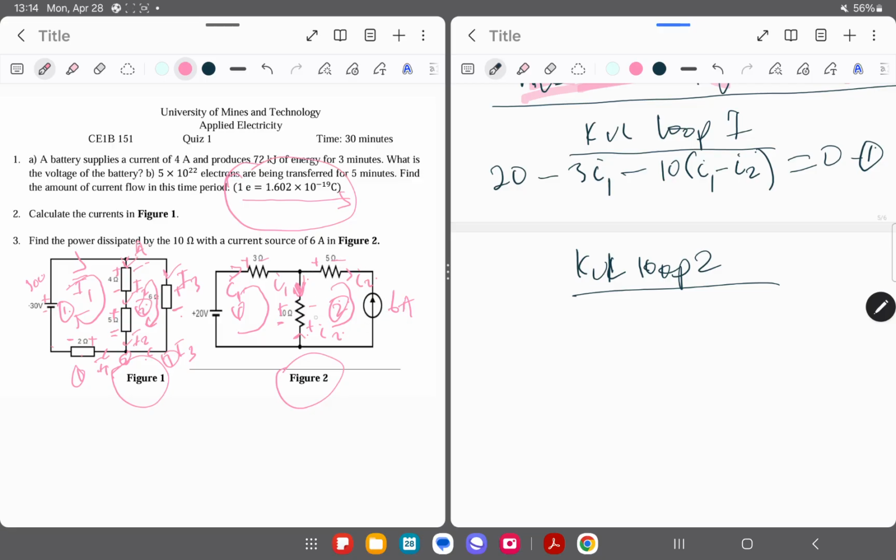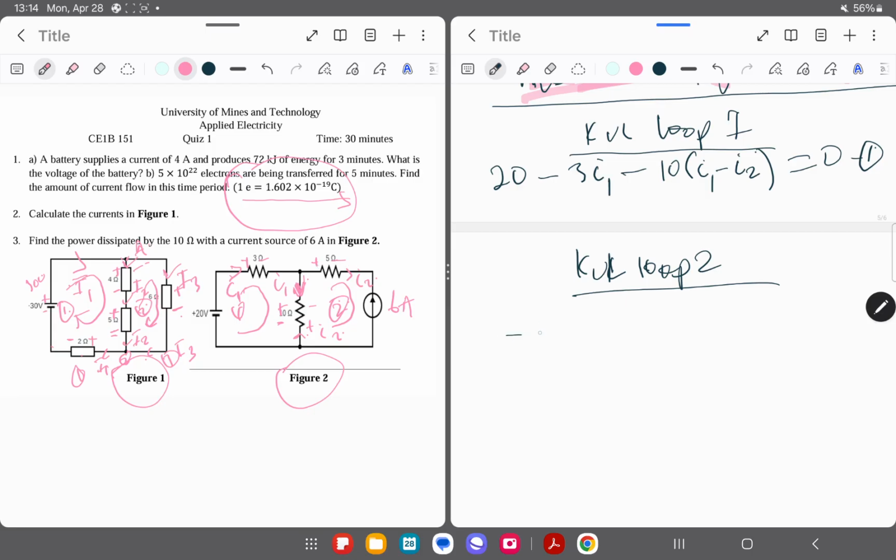I'm moving clockwise, right? And we move the whole way to this. So I can have here the voltage I have here. I'm starting from the 5 ohms resistor, so I have here clockwise, moving from positive to negative.